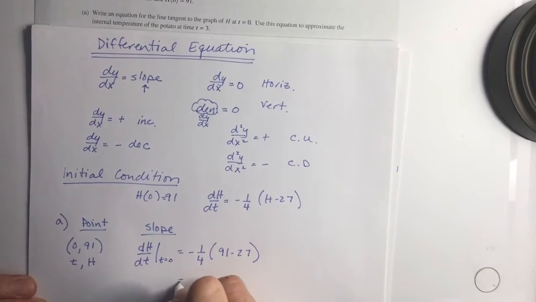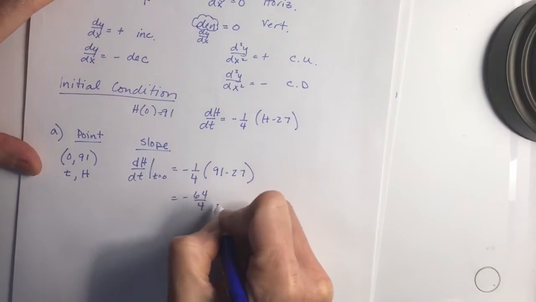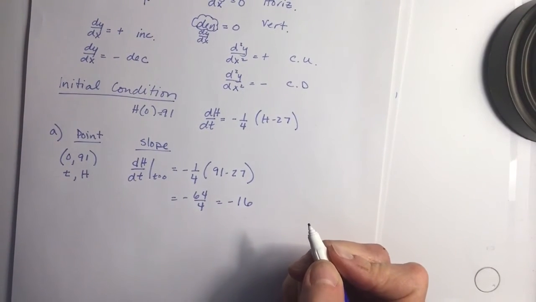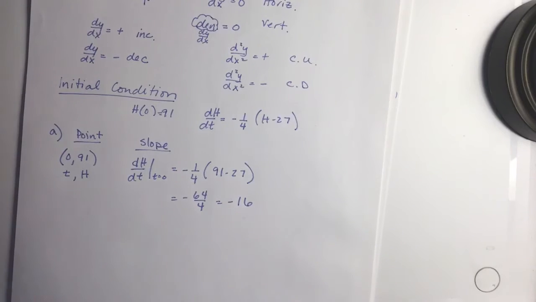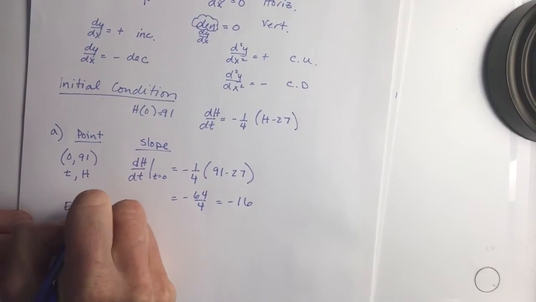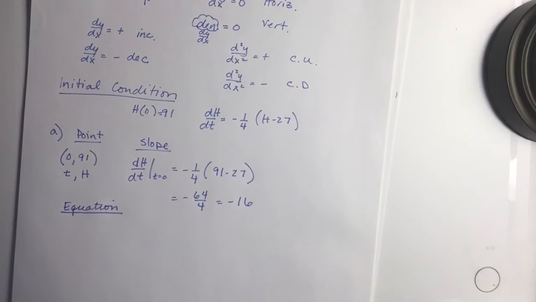So this is negative 64 fourths. 4 goes into 64 16 times, so this is equal to negative 16. We don't need to worry about units because we're just writing an equation of a line. So then our equation is, now we can use H of t and t.